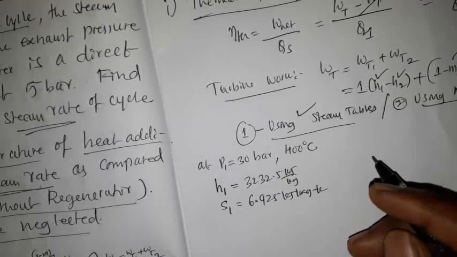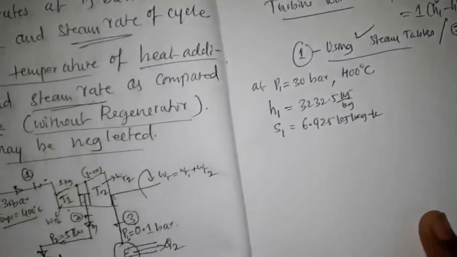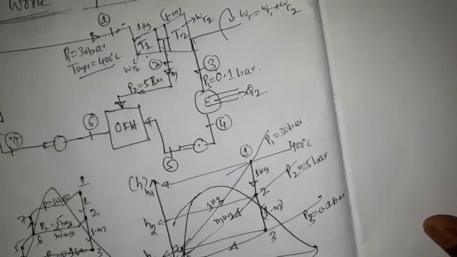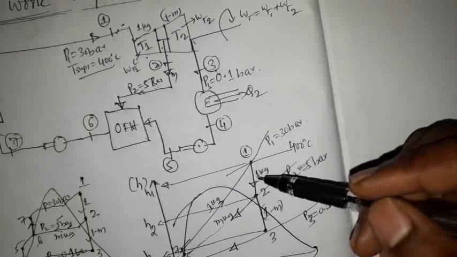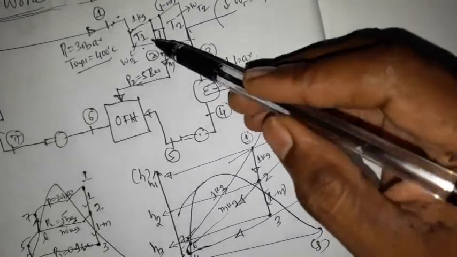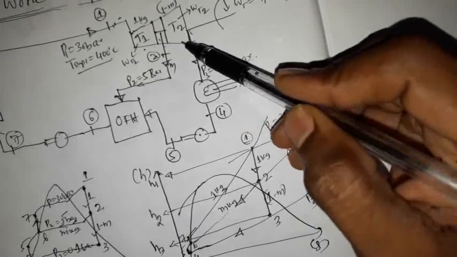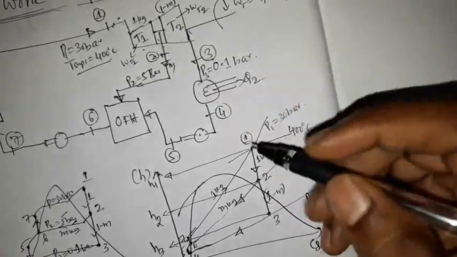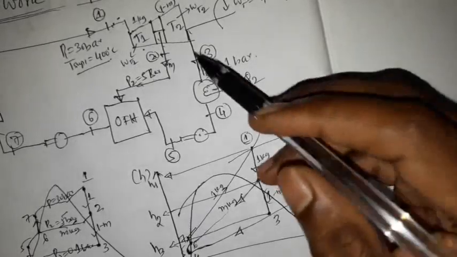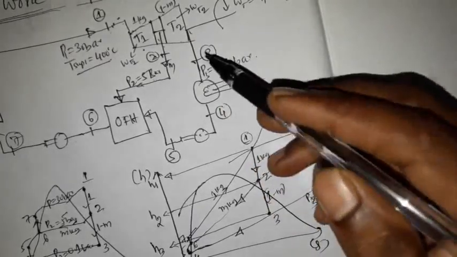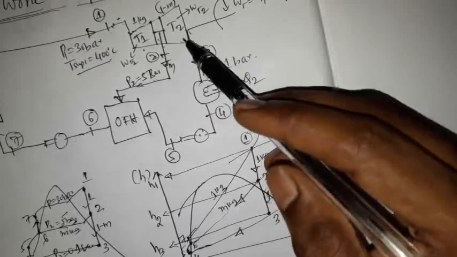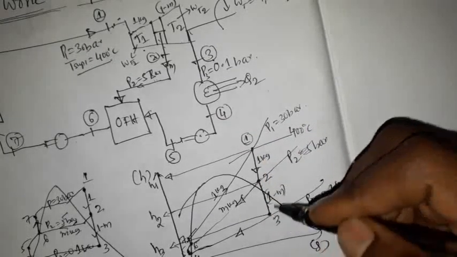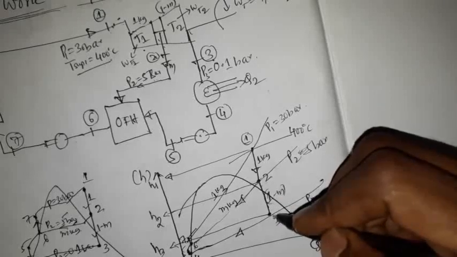So now, as the processes in this regenerative Rankine cycle are isentropic in turbine stage 1 and turbine stage 2, that is, 1 to 2 is an isentropic process, entropy remains constant, that is S1 is equal to S2, and again 2 to 3 is isentropic expansion in turbine stage 2, here also entropy remains constant, so S2 is equal to S3.